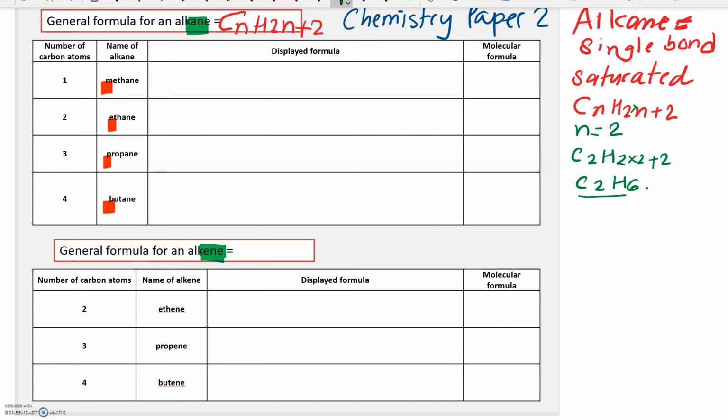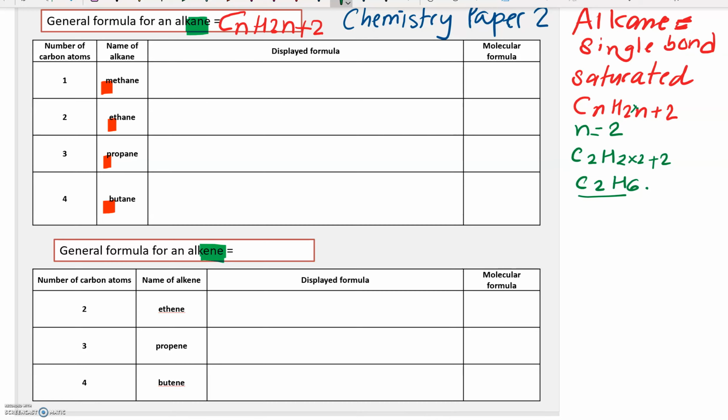So M for monkey, M for methane, E for eat, P for peanut and B for butter. If you can remember the first four names, the remaining names of alkanes and alkenes can be linked to your mathematical shapes.